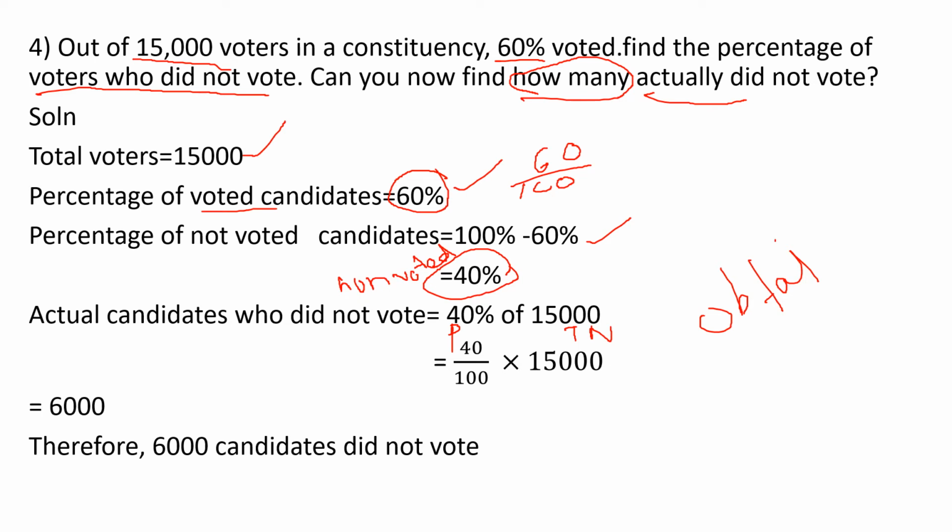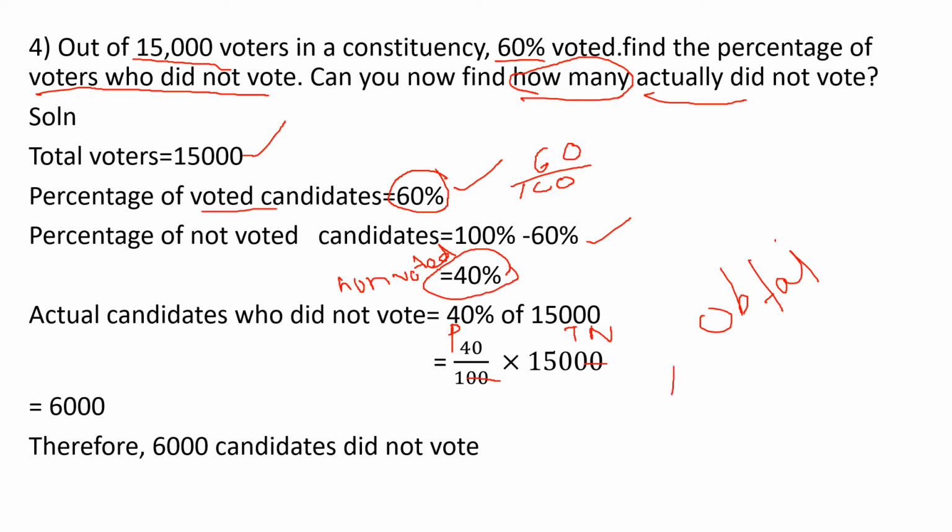So 40% of means what? How will we write 40% as a fraction? 40 by 100. Of means into the total. These two zeros get cancelled. Now 40 into 150. Just do the calculation. 150 into 40.